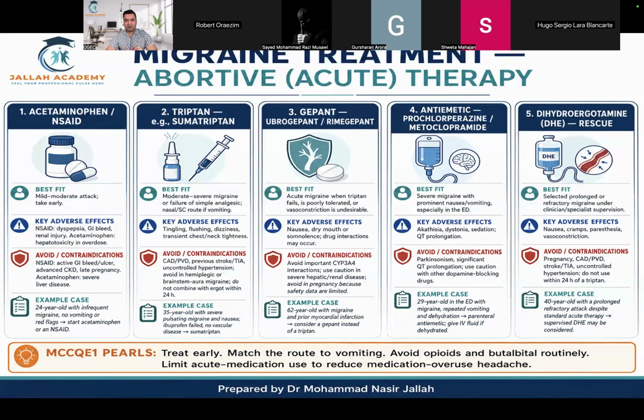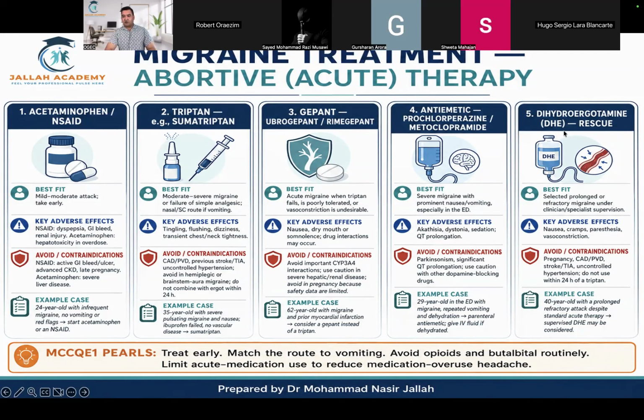You have to admit the patient. Always, any patient who has vomiting shouldn't be treated as an outpatient. So you have to at least temporarily admit the patient and start the IV treatment. Once the patient is able to tolerate the medication orally, then you can discharge the patient and treat as an outpatient.